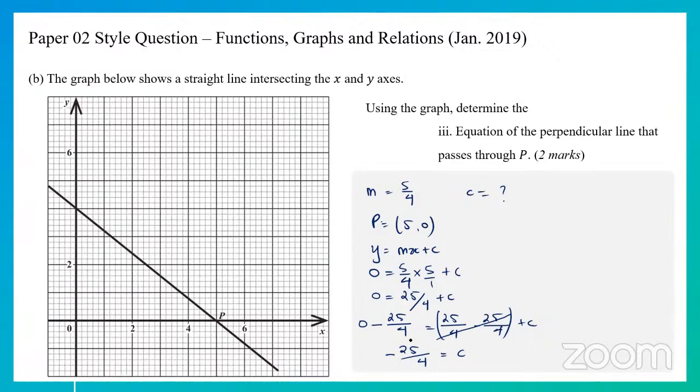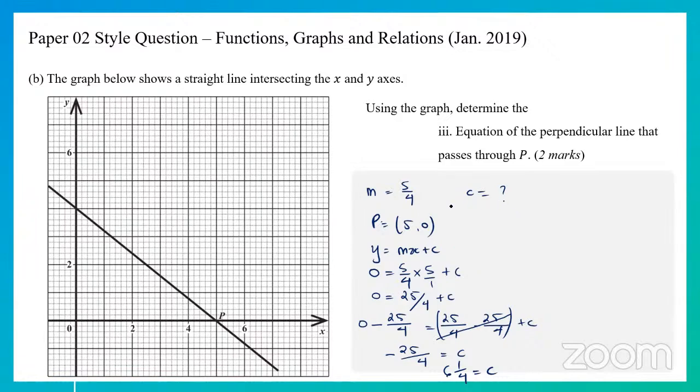And rewriting this as a mixed fraction would look like this, 6 1/4. All right, so the c value here is negative 6 1/4. Let me finish this up. So yes, now knowing my c value and my gradient, I'm just going to write the equation of this line.